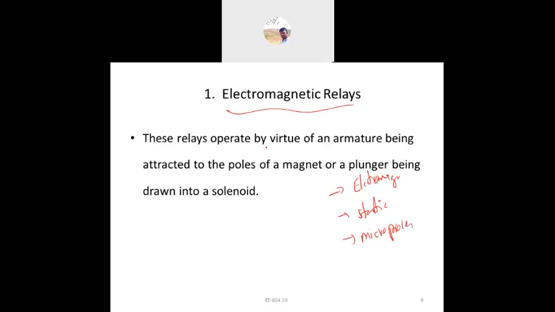These relays operate by virtue of an armature being attracted to the poles of a magnet, or a plunger being drawn into a solenoid. One winding will be there, connected to the trip contacts. Here the relay coil is connected to the circuit breaker. Such relays are actuated by DC or AC.